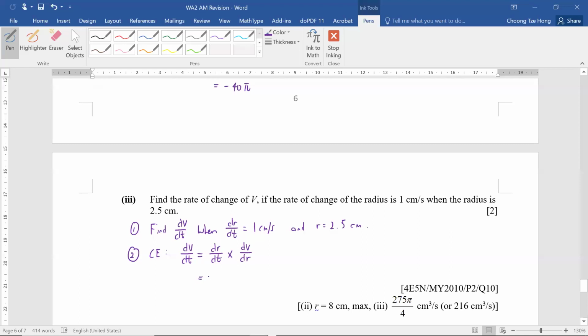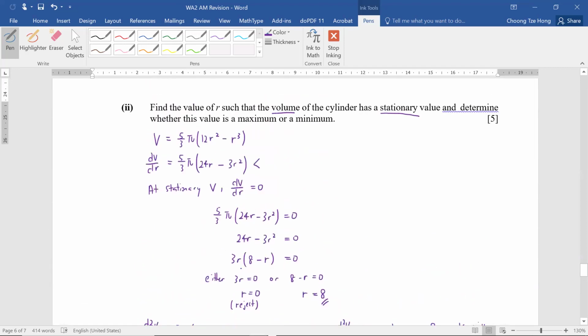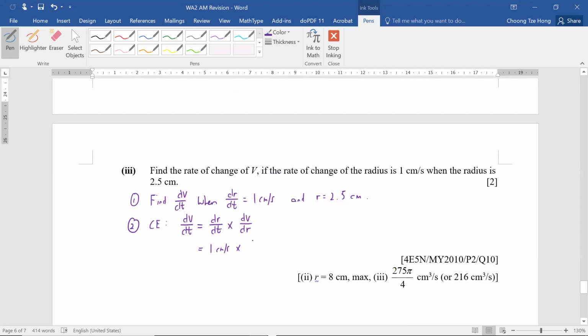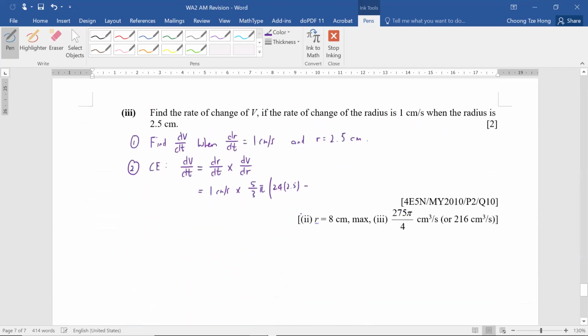So dV/dt will be 1 cm per second times 5/3 pi, then 24r minus 3r squared, with r equal to 2.5. Just sub the r from here inside here.